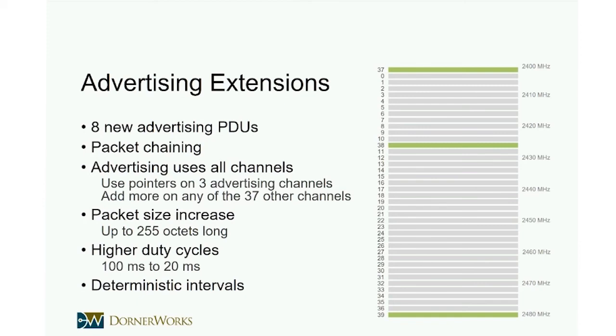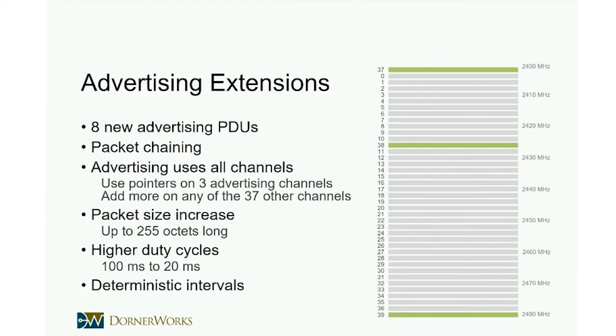So I think the last thing we're going to talk about for Bluetooth 5 is advertising and frequency hopping. So advertising extensions, they wanted to add more ways in which you can broadcast data. Originally, you could only broadcast a 20-byte packet, and that was all you could do. So you could really only transmit 20 bytes from a beacon.